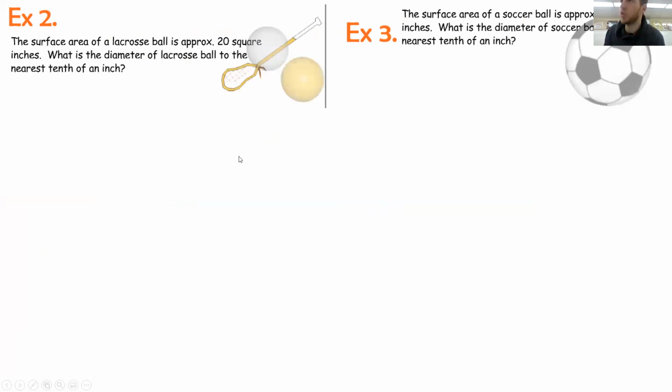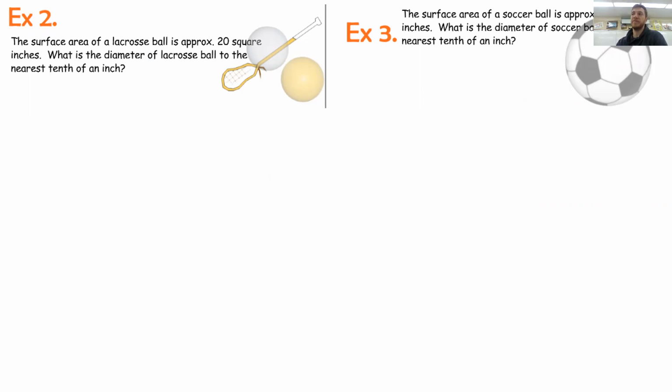So we need to work backwards again, okay? So the surface area of a lacrosse ball is 20 square inches. What is the diameter of a lacrosse ball? Okay, so this question is just trying to confuse you. Whenever you see diameter, you know you have to get the radius first.